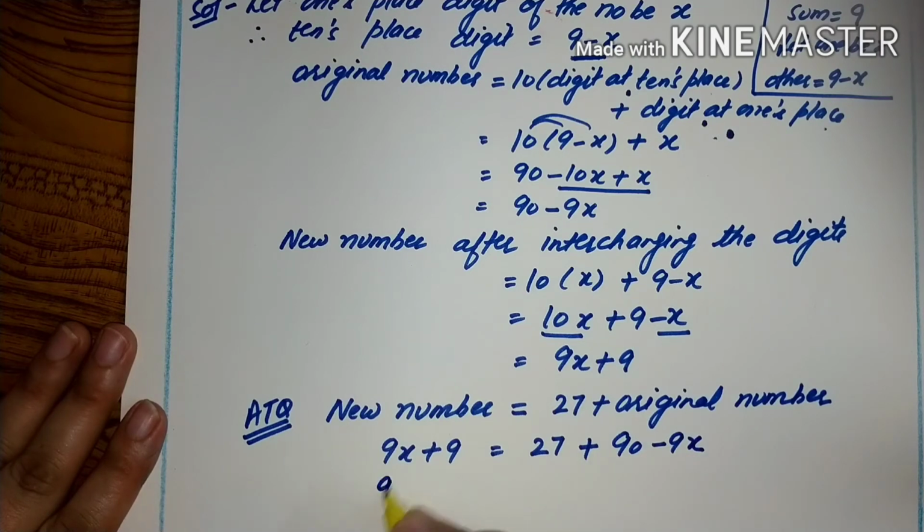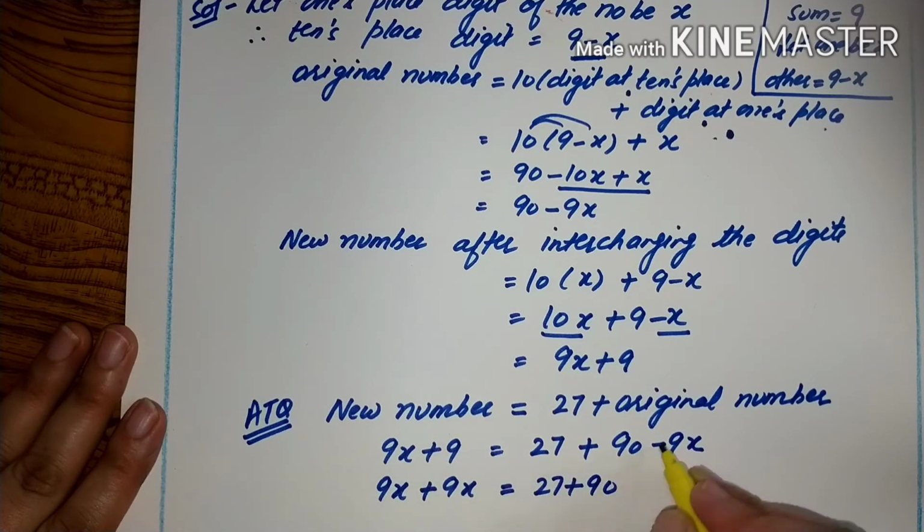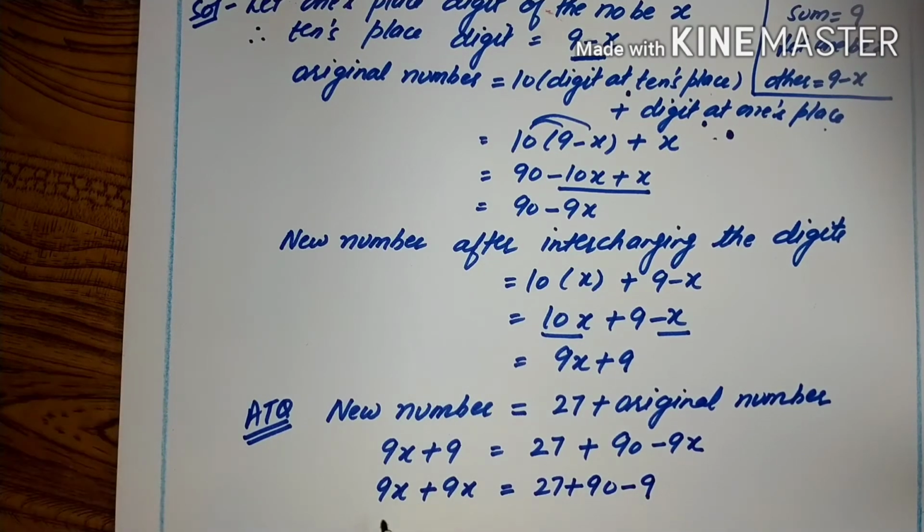So we will solve it. 9x will be transposed to the other side. 9x plus 9x is equal to 27 plus 90. This plus 9 will transpose to the other side. It will come as minus 9. Now solve it. 9x plus 9x will be 18x.